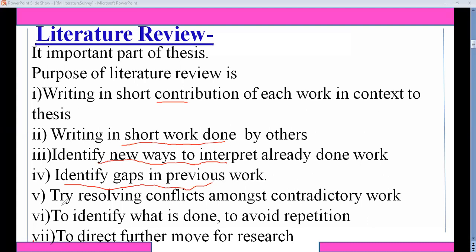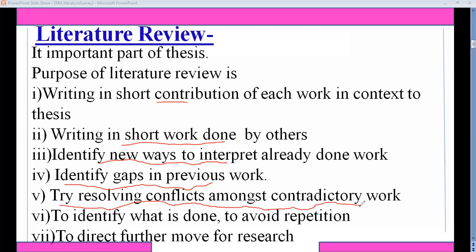So sometimes what happens, many researchers do the work, and their approaches may be different. Sometimes they may be contrary or contradictory to each other. There are two or three researchers who have done work with different approaches. Sometimes those approaches are contradictory.